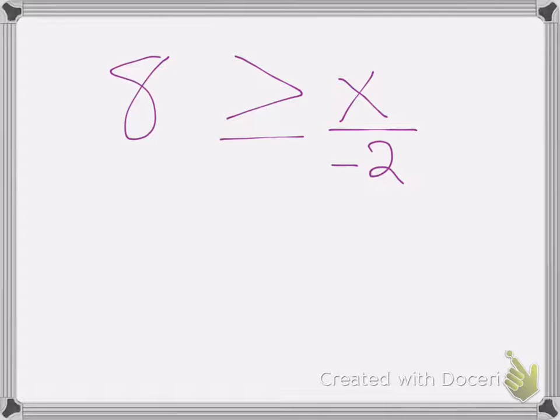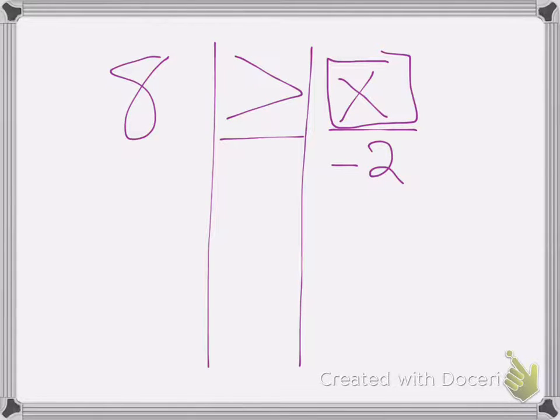Alright, so in this one, we're going to box our variable and draw our sidewalk so we can see both sides of our inequality. The reason we box our variable is to get x by itself. Remember that that line means division.